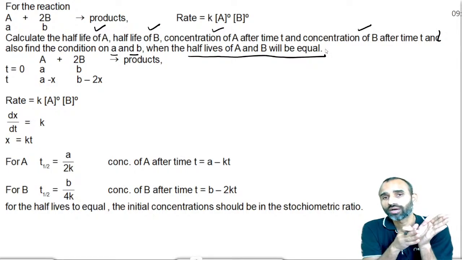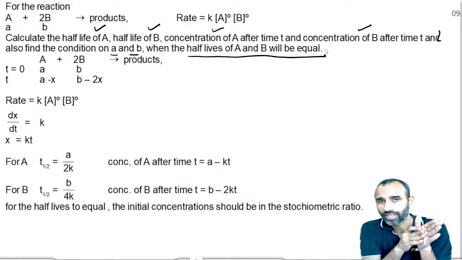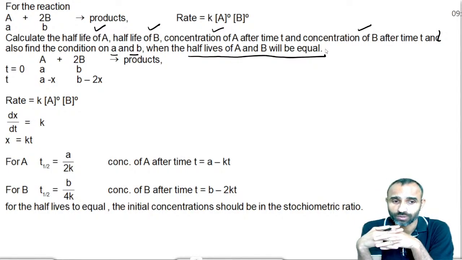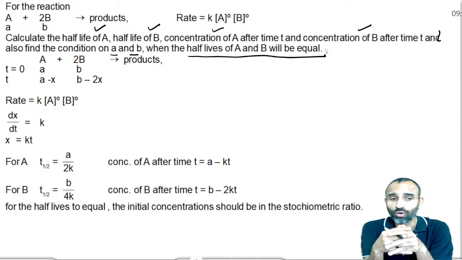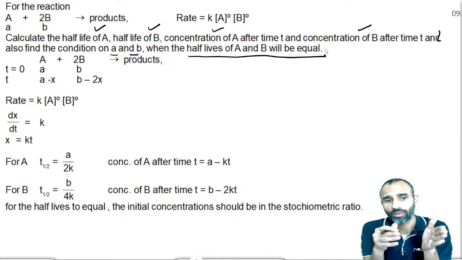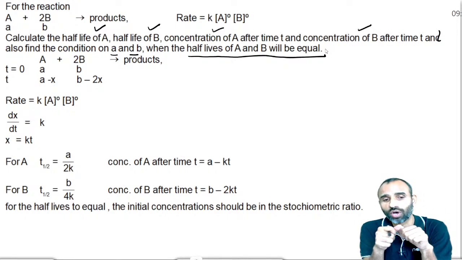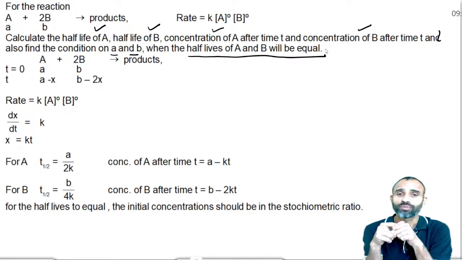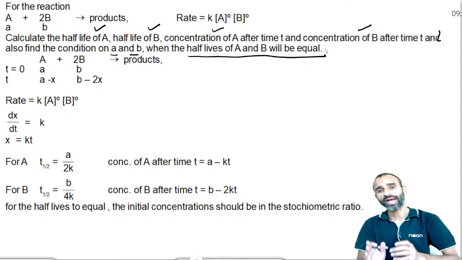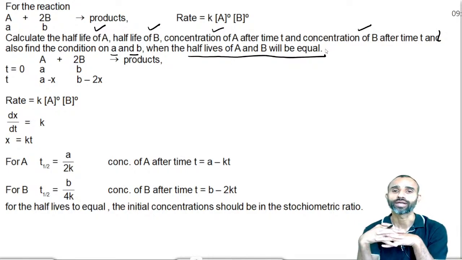You start with the reaction given, that is A plus 2B to give products. At time 0, reactant A, capital A, has concentration small a, reactant B has concentration small b. So after time t, let us say x moles of A have reacted.